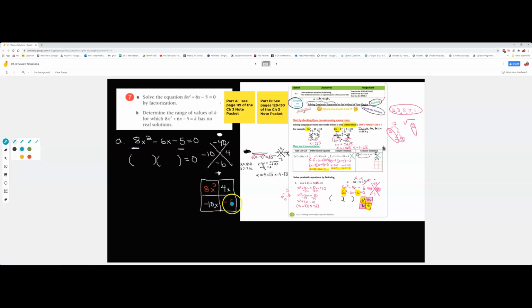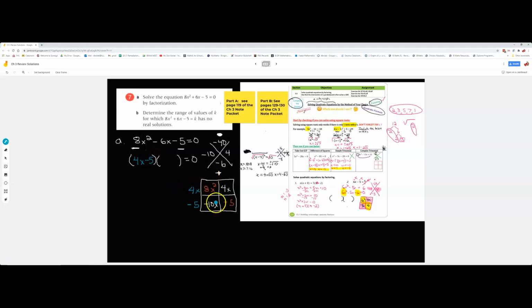So the GCF is 5. Since this first one has a leading negative, I'm going to pull out negative 5. The top row has 4 and an x, so I can pull out 4x. So I know what my first binomial is, 4x minus 5.